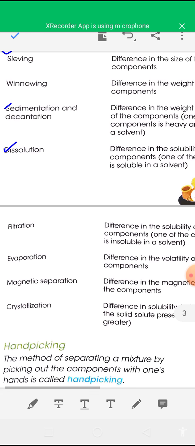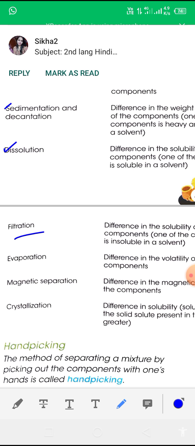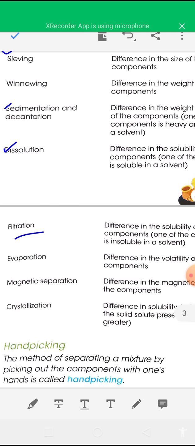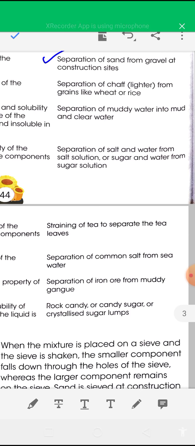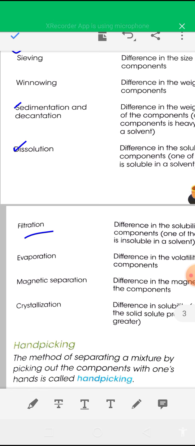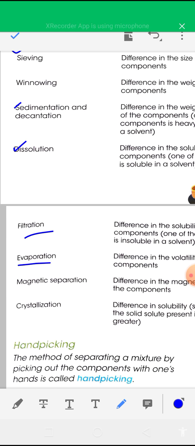Next method is filtration. In filtration, the principle of separation is difference in solubility of the components. One of the components is insoluble in a solvent. Example is straining of tea to separate the tea leaves. And next method is evaporation.